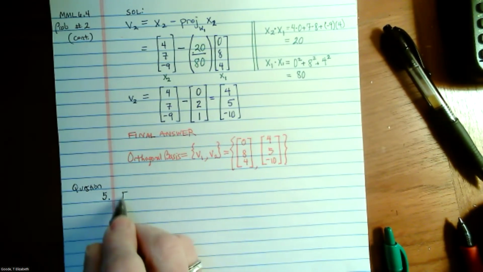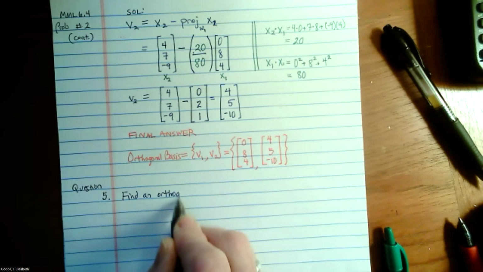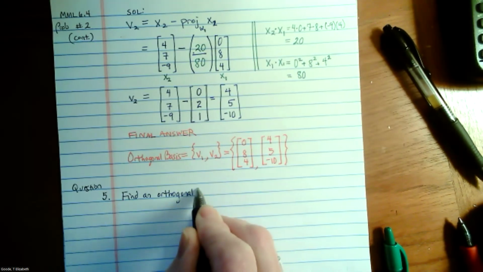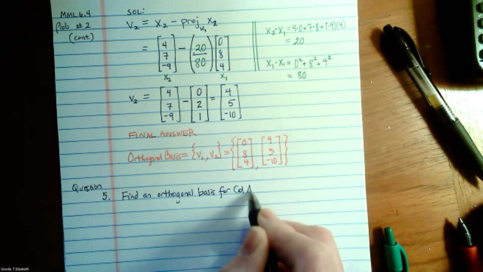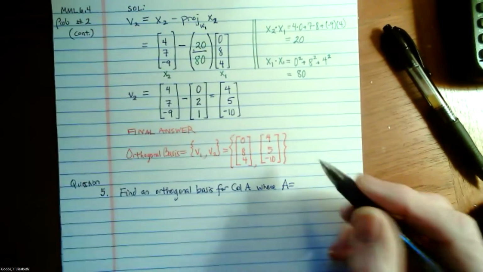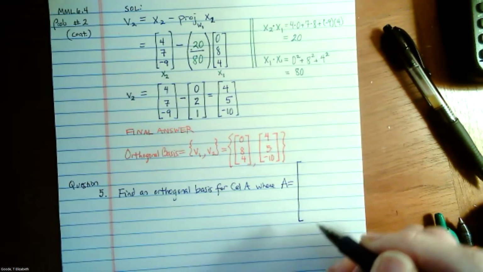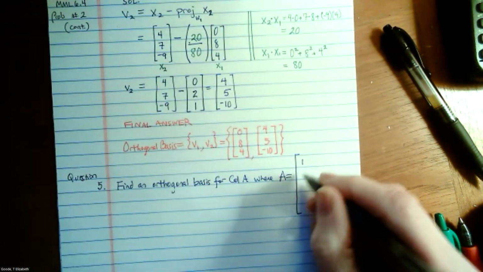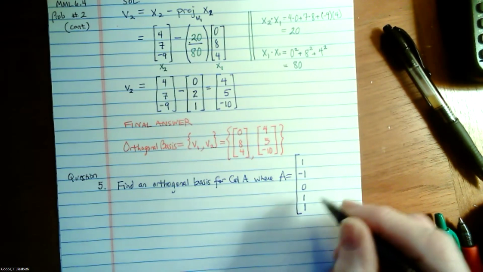So we want to find an orthogonal basis for the column space of this particular matrix. I needed to give you a chance to practice with more. We did one like this in class, but we can go through this.